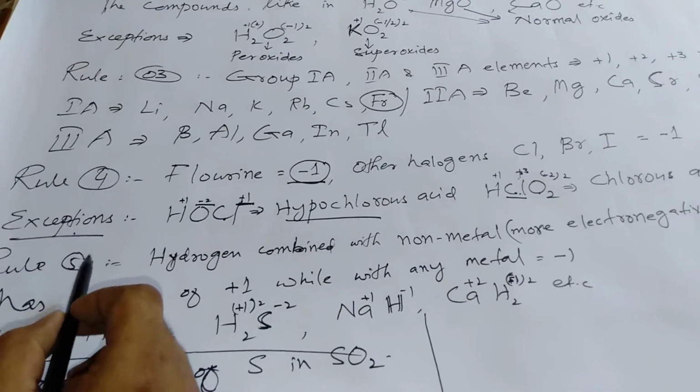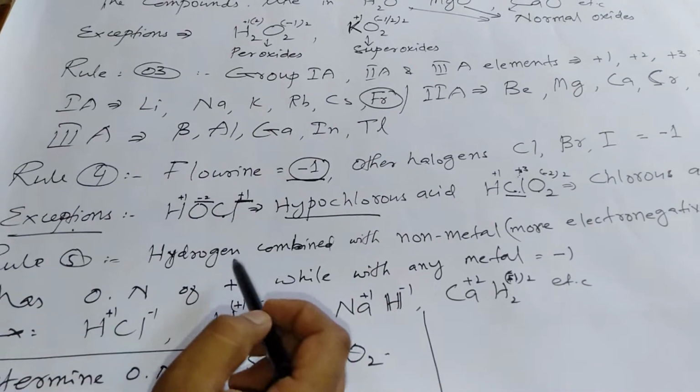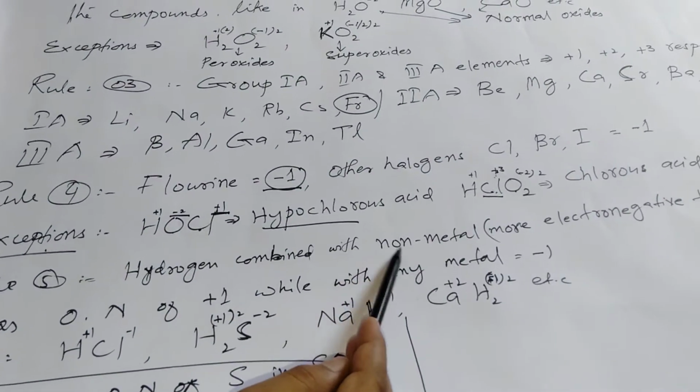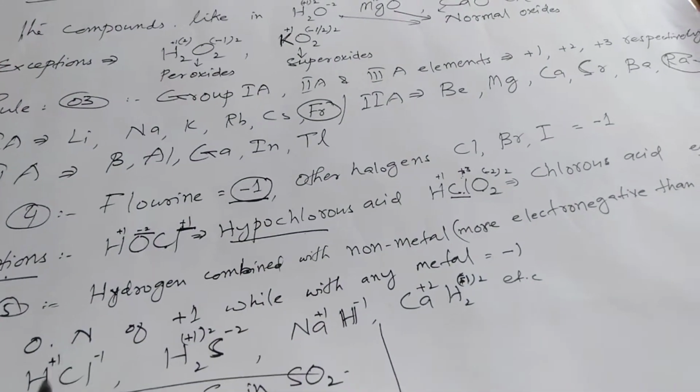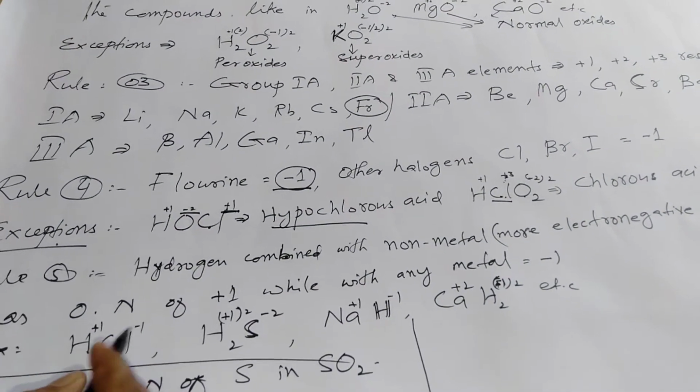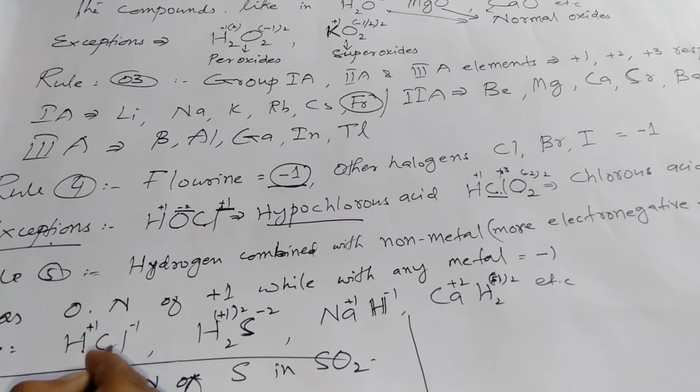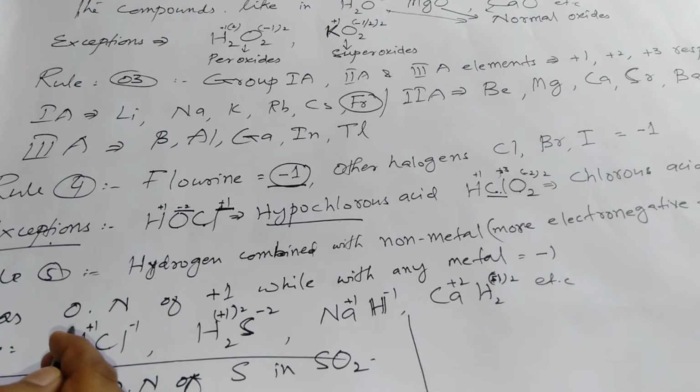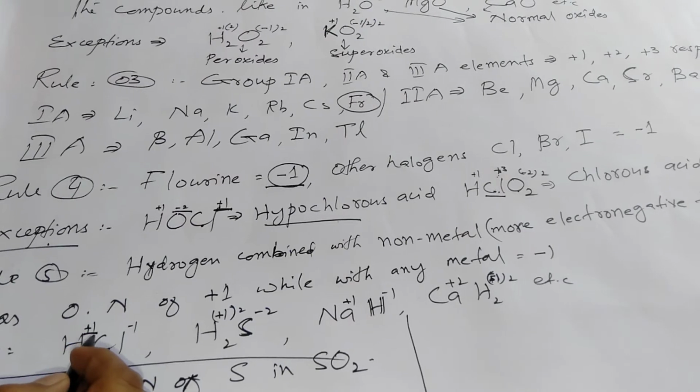Rule number 5, the last rule, is: if hydrogen is combined with any non-metal, like here hydrogen is bonded with chlorine, and chlorine is a non-metal, then hydrogen will attain +1 charge.